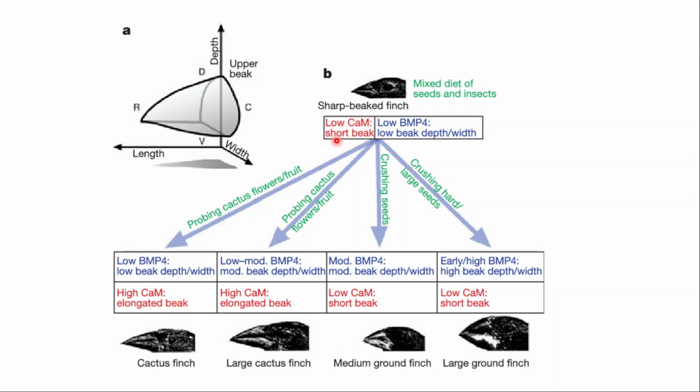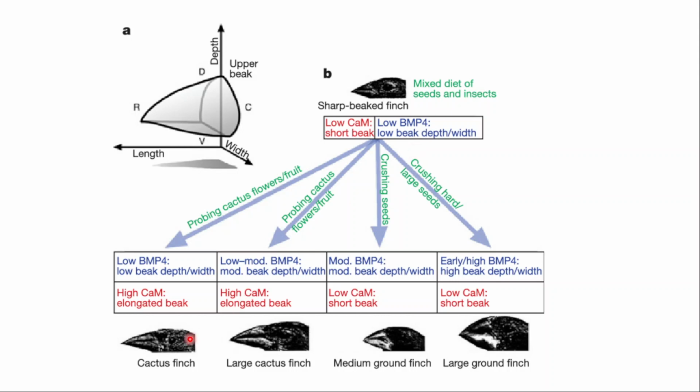Low CAM, short beak. Low BMP, low beak depth and width. So these are the two players. If we have low calmodulin or low CAM expression, we have a short beak. And if we have low BMP expression, we have lesser depth or width.